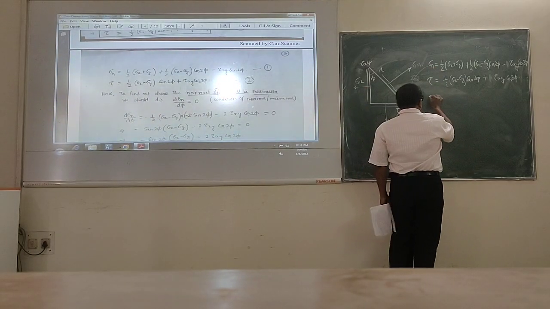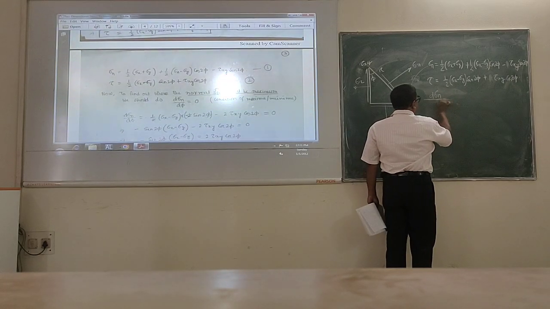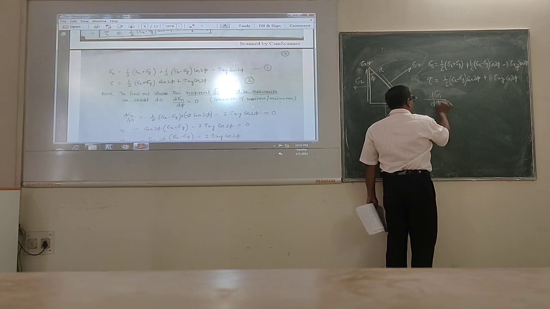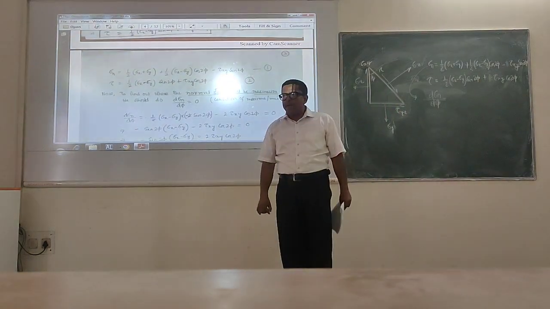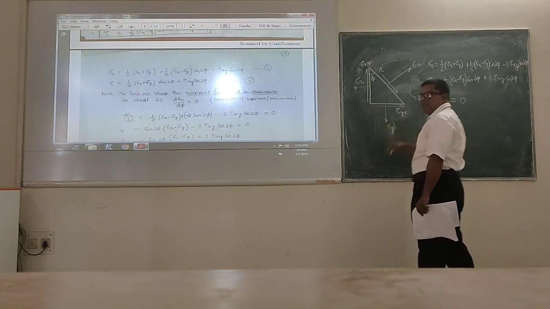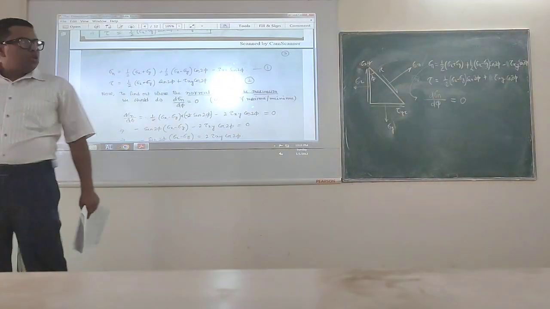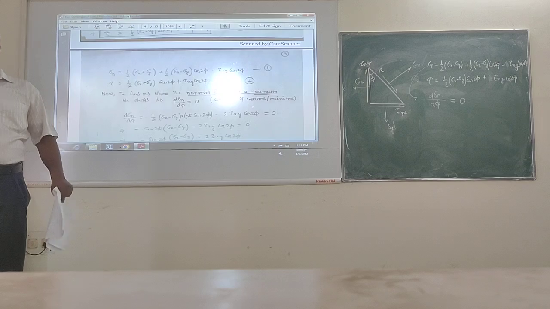So the maximum or minimum of sigma n with respect to phi will happen if we make d sigma n by d phi equal to 0. This is the condition of maximum or minimum, correct? So if we do that, then what will we get?